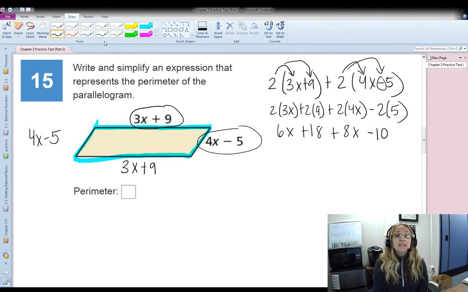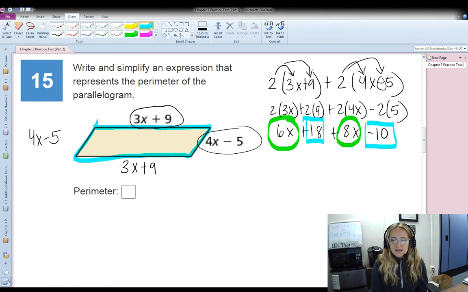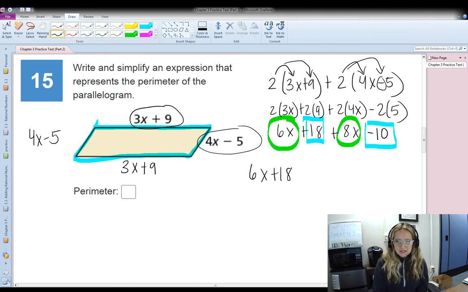Okay, now we need to identify like terms. Well, I have an x right here, and I also have x's here. And then I have my constants, which are 18 and negative 10. Okay. From there, I can only combine my like terms. So I'm just going to do the vertical method. So 6x plus 18. And then below it, I'm going to make sure to stack up my like terms vertically.